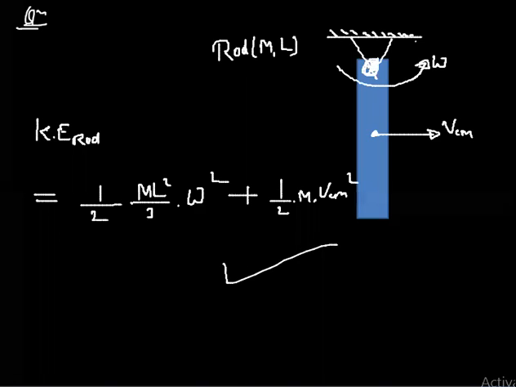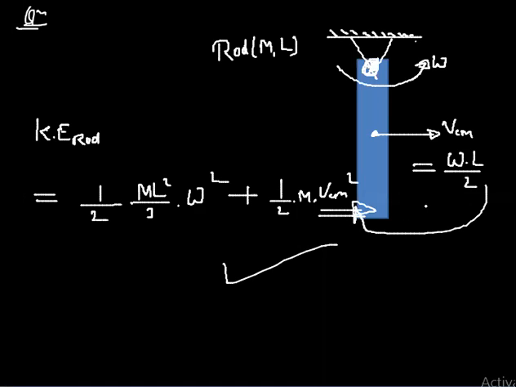This question can also be solved simply if you see the velocity of center of mass. We have calculated this many times, this is omega L by 2. So at this place you can put omega L by 2.